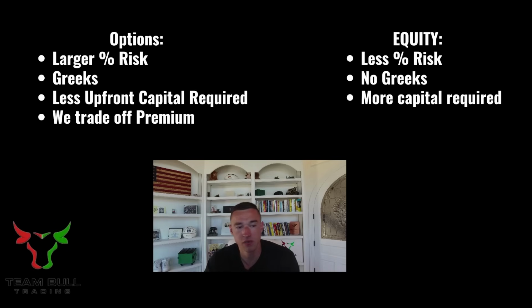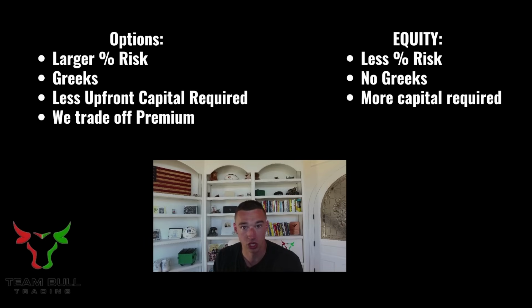So, when it comes to what should you trade, options or equity, there's a few different factors to look at. For options traders, it's important to know you have a larger percent risk when you are trading options swing trading. However, you are also presented a larger percent possible gain. There's Greeks you have to know, specifically theta, which is time decay.